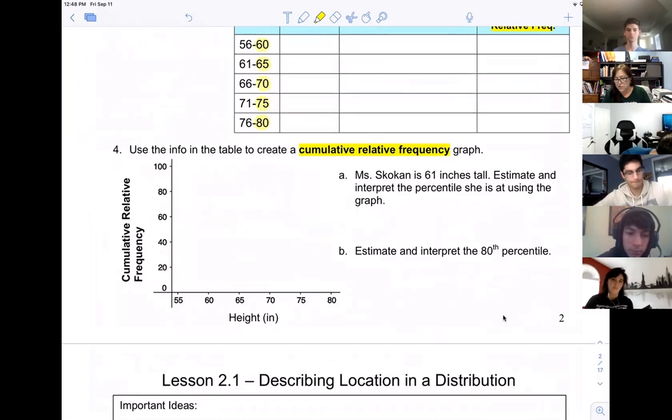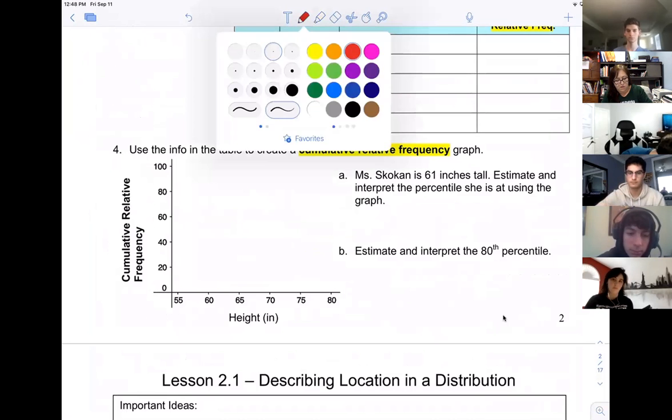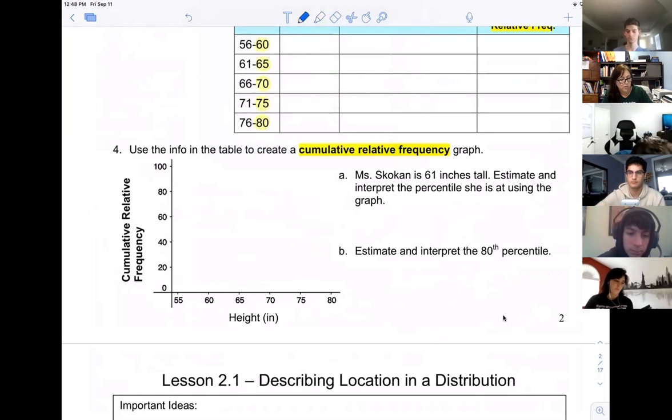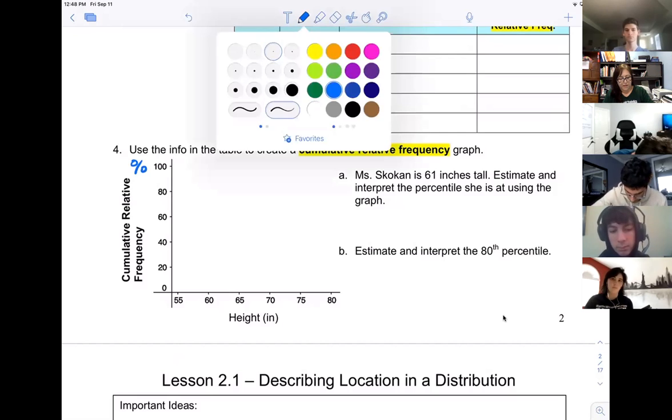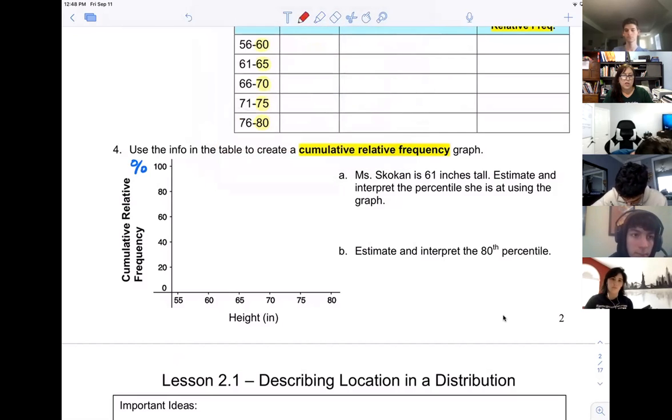Cumulative relative frequency. This 100 represents 100%, okay? So all of those numbers are percents, and the cumulative relative frequency always goes up to 1.0, which is the same thing as 100%.